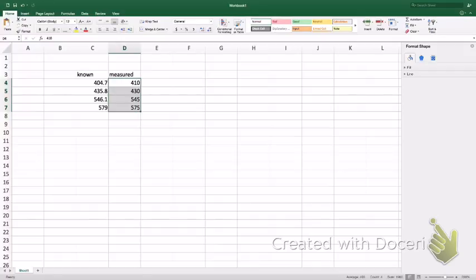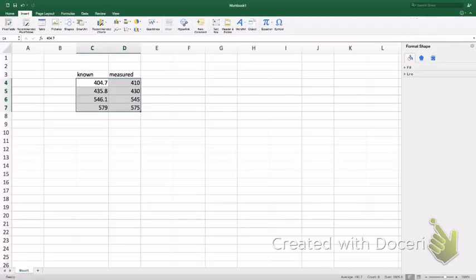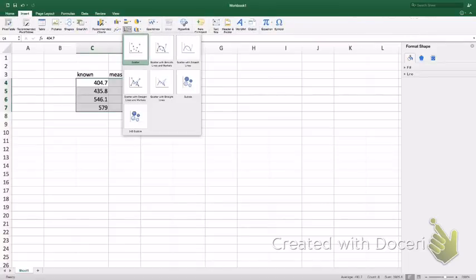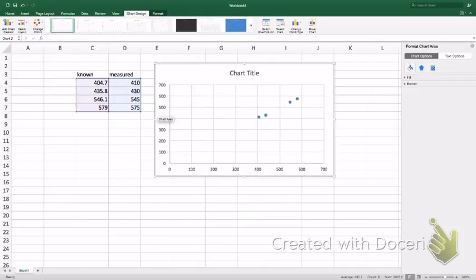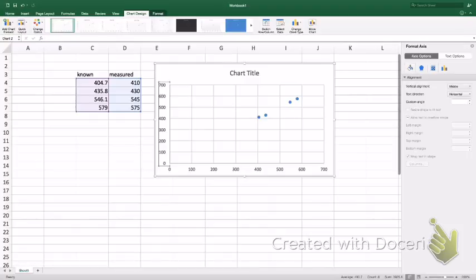So what I'm going to do is make a graph. I'm going to insert a graph, and I chose a scatter plot. A scatter plot is an XY graph. That's a scientific graph, okay? And I don't like the scaling, so I'm going to change that.